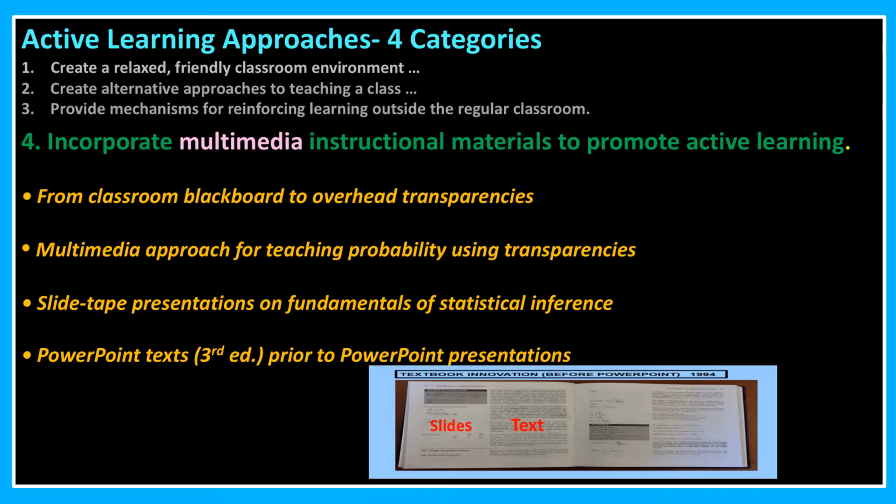My co-author is Mitch Klein, in which these texts were written in PowerPoint form, even though I didn't know what PowerPoint was. And the characteristic of these texts was that each page was split up into 2 columns, and on the left side of the page were what would have been the slides in a PowerPoint presentation.